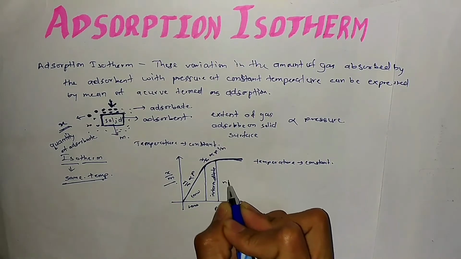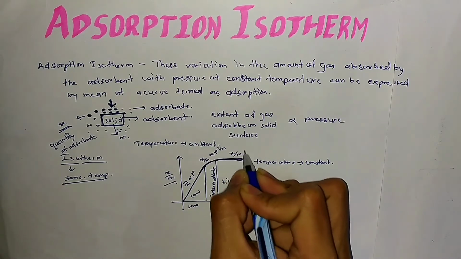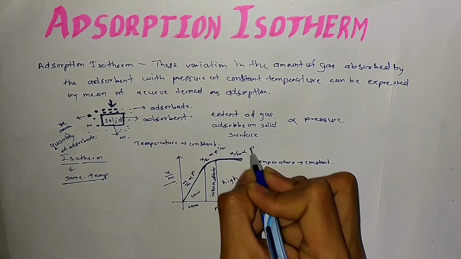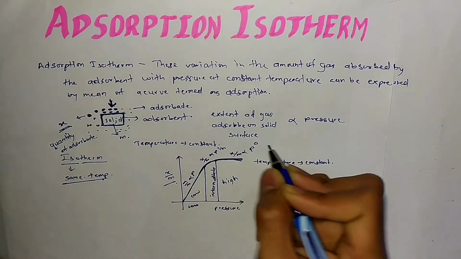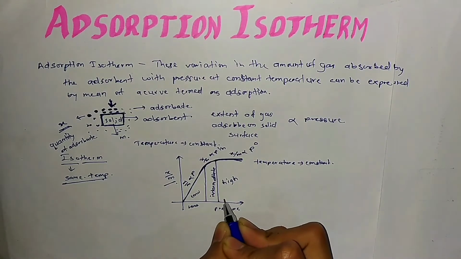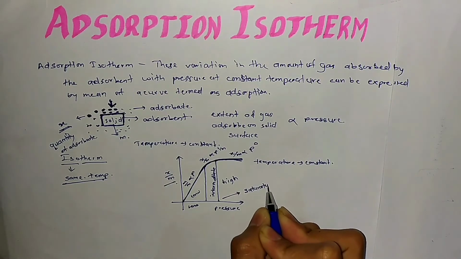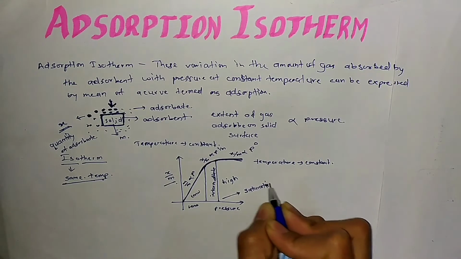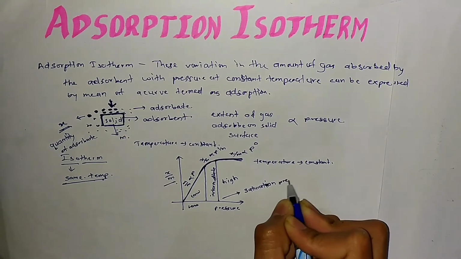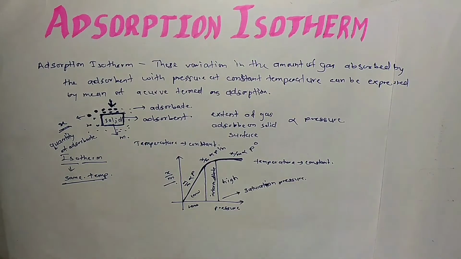When pressure is high, x by m is directly proportional to p to the power 0. This is the saturation point, the saturation pressure. After this point, no more adsorption takes place.